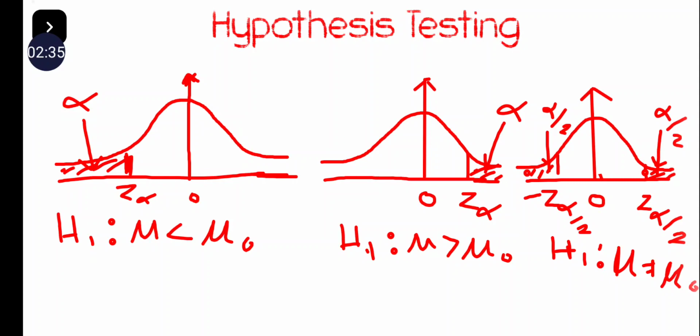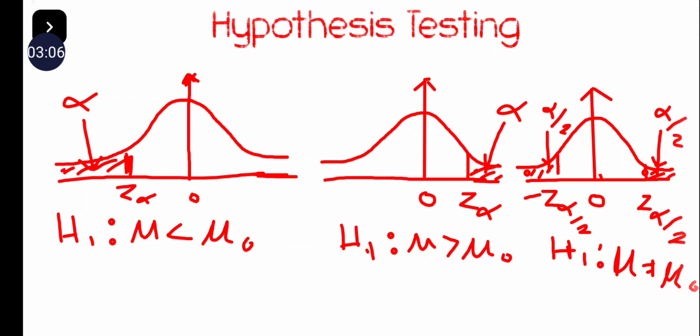That is, the probability of rejecting the null hypothesis when it is true. It can be stated as 5%, 1% level of significance, because you are saying that you can commit a type 1 error with probability 5%, 1%, or 2%.